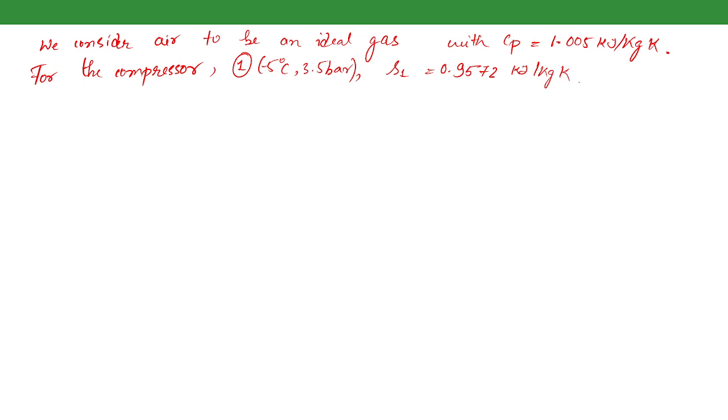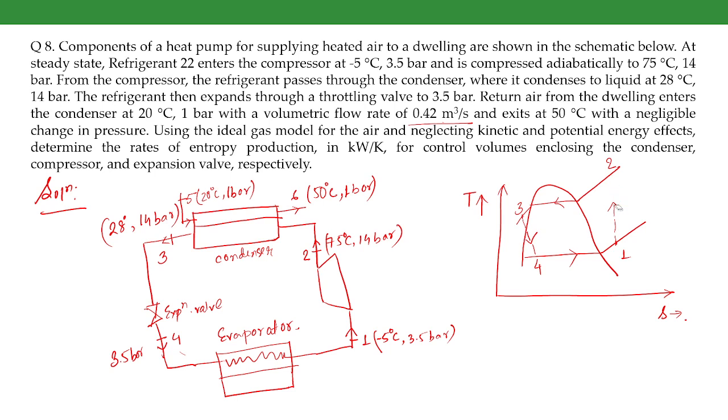Okay, and at the state point 2, that is 75 degrees Celsius and 14 bar, the entropy S2 is 0.98225 kilojoule per kg Kelvin. So the entropy S2 is not equal to S1. So this line will not be a straight line essentially. This will rather be a line like this.